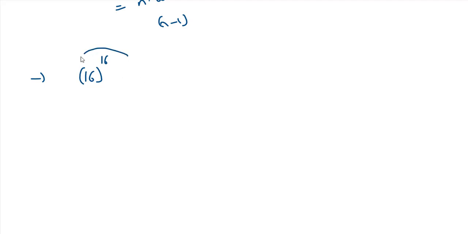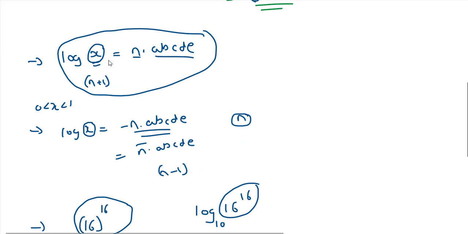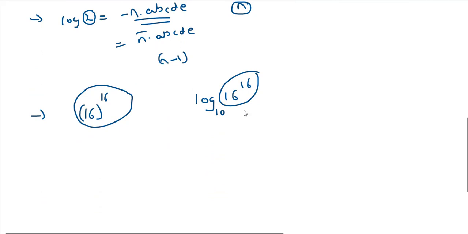We'll find the log of 16 raised to 16. As I have mentioned previously, if the base is not specified, always consider it to be a common logarithm. The base has to be 10. Once we have the log value, we'll use the principle that the number of digits in x will be 1 more than the characteristic. So let's see how it is to be solved.